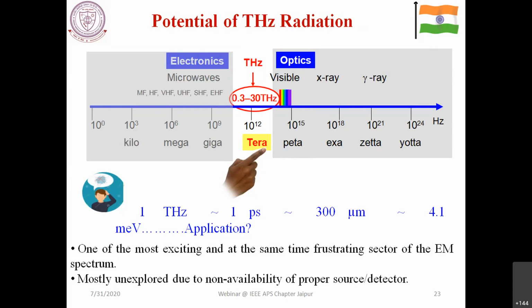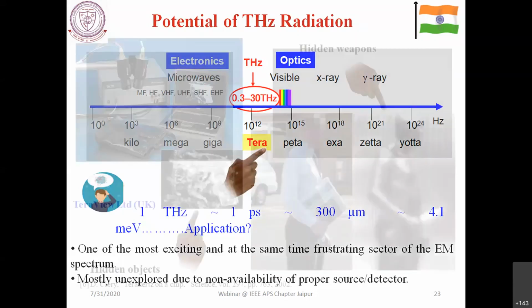You have to make sure whether you are going towards the microwave domain or towards the optical domain. So you have to make a proper customization of your source and detector. That is one of the fundamental problems of working in the terahertz domain. Not only in India, this is a global problem. People are working on it.